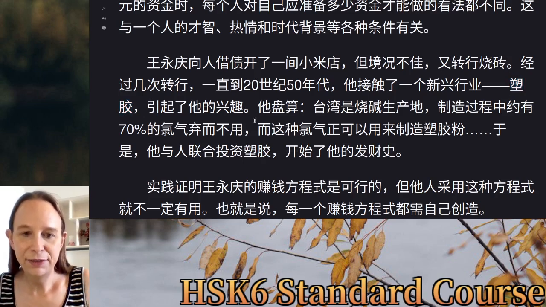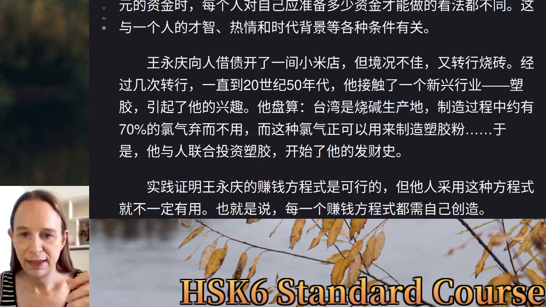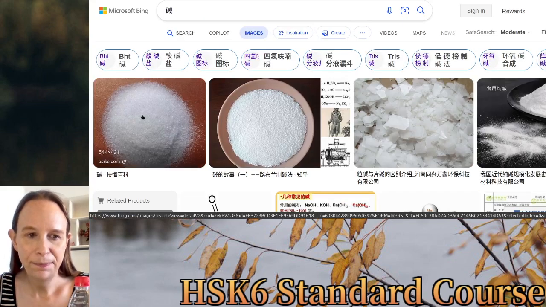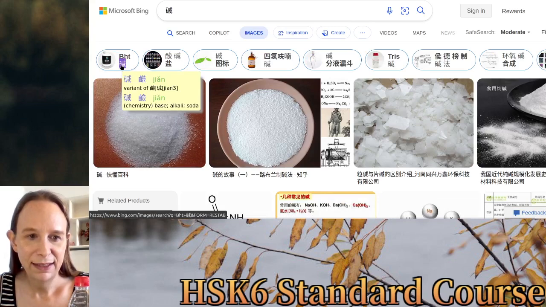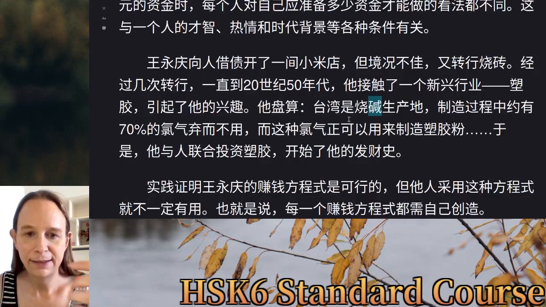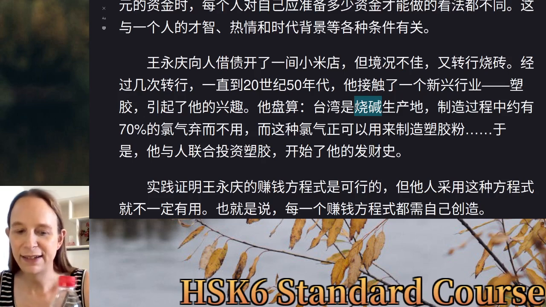引起了他的兴趣。他盘算，台湾是烧碱生产地。So 碱 means base in the sense of not acid. 烧碱生产地。So I don't know, what is 烧碱?